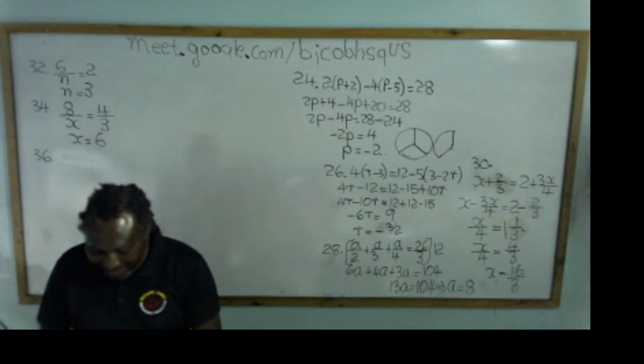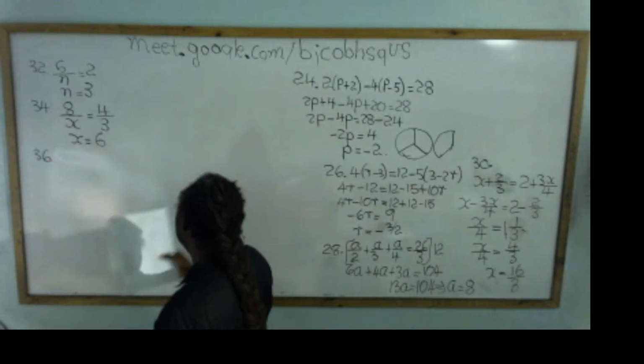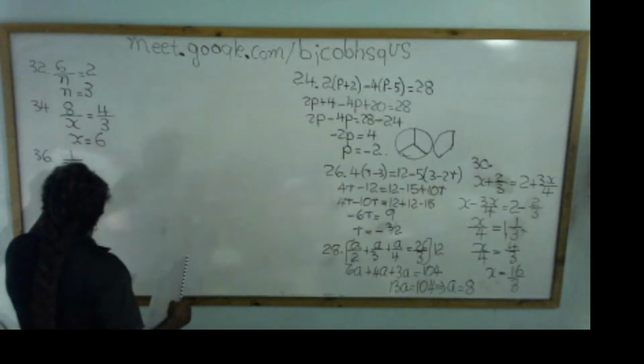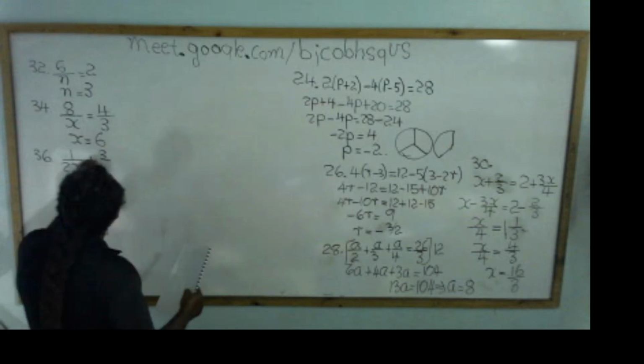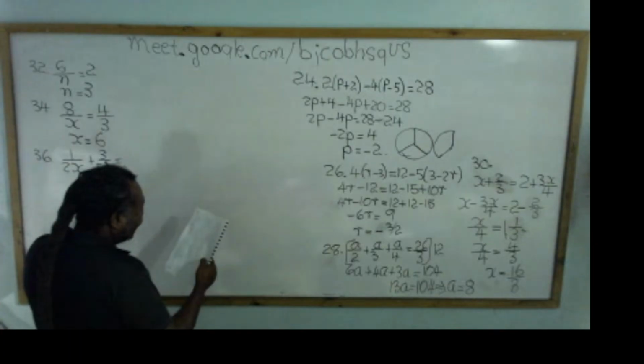Number 36. Your favorite. 1 over 2x plus 3 over 5x is equal to 11 over 10.